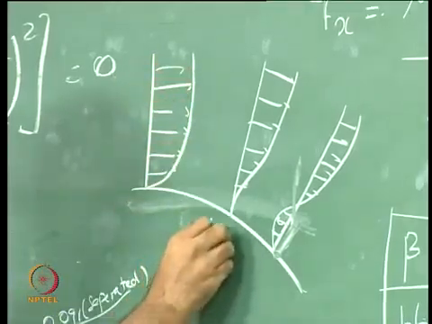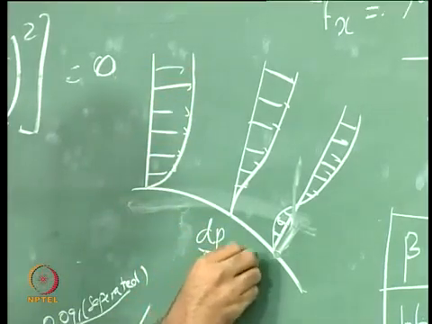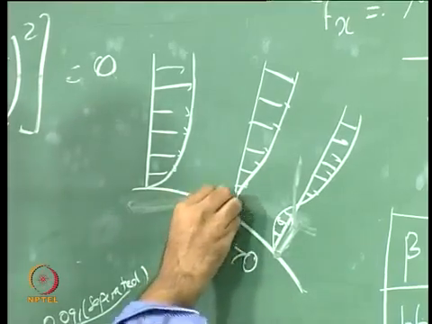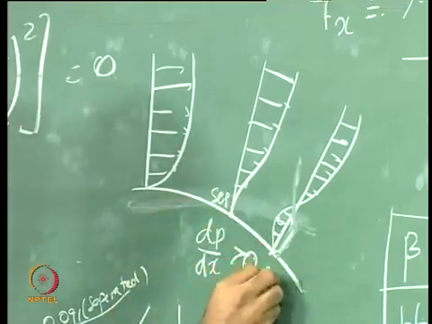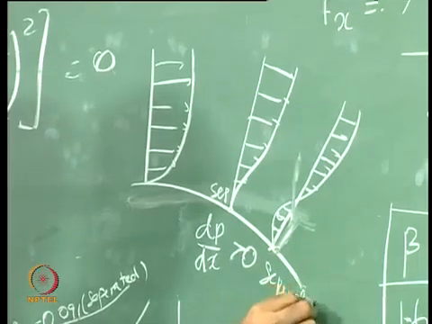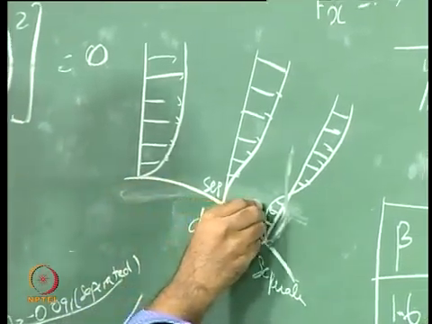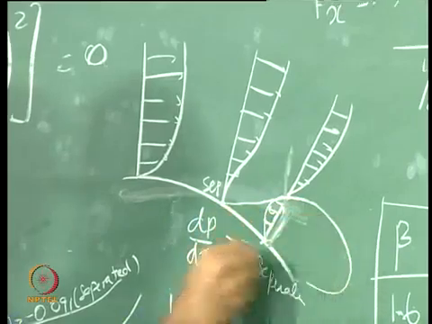So this is dp by dx greater than 0. This is the separation point, this is separated flow. So you can visualize the flow coming like this and at this point detaching, and then you have a nice big separation bubble here.